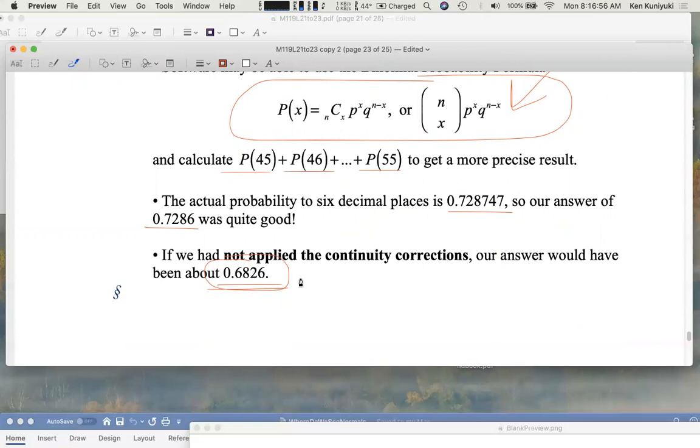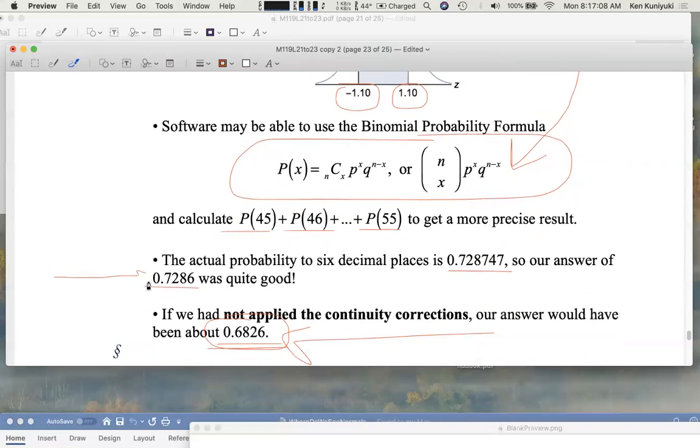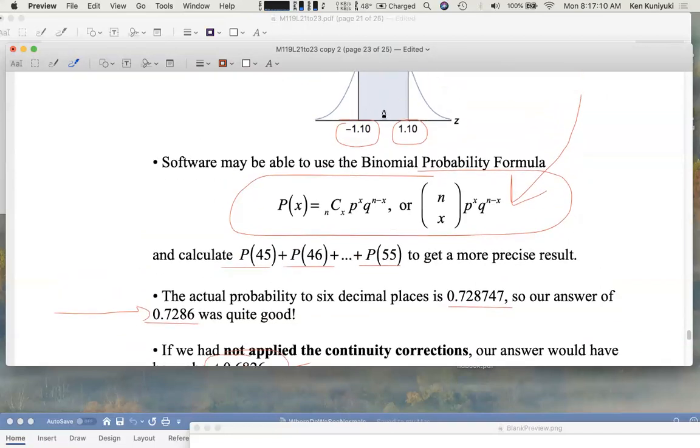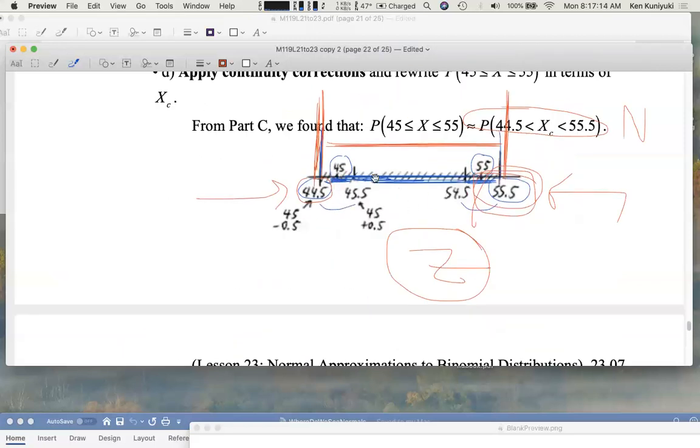Actually, the better z-scores would have been 1.10 and -1.10. So this was actually a bit more accurate. We get a bit more probability. Because remember, if we had just used 45 and 55, we'd be losing these pieces that are getting cut off if we had not used the continuity corrections.